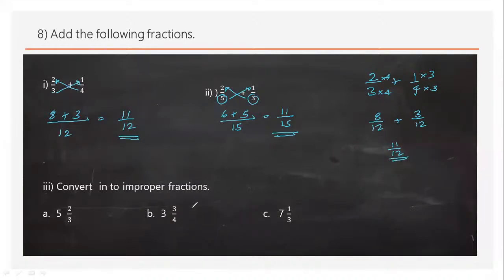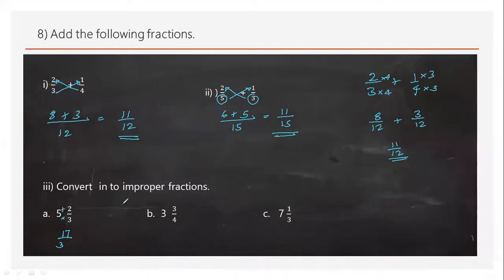Right, convert into improper fractions. Improper means the numerator is bigger than the denominator. The numerator may be a big number here. 3 times 5, 15 plus 2, 17 over 3. First multiply this denominator and this whole number part. 3 times 5, 15. 15 plus, then add this 2 here.